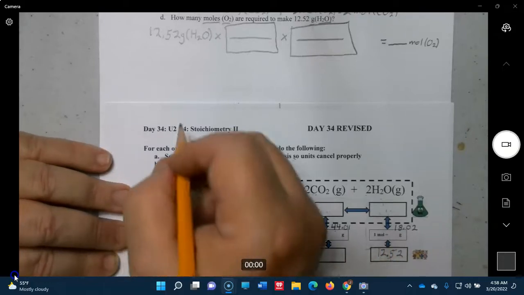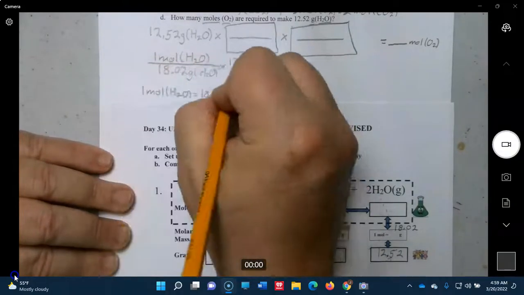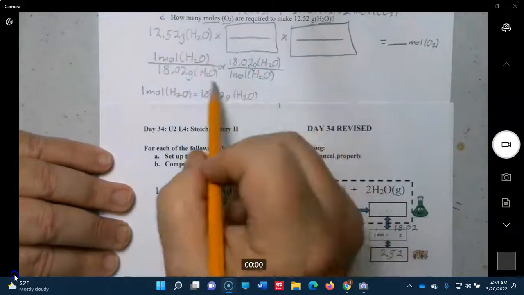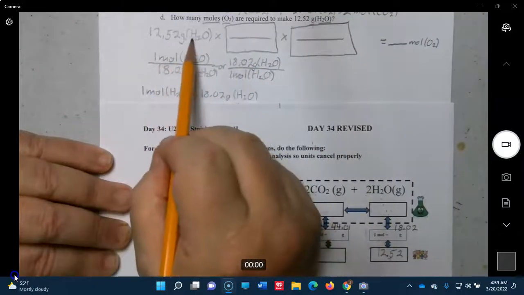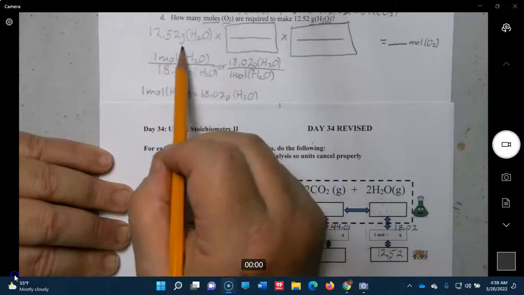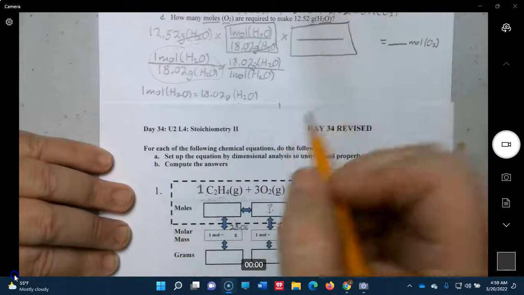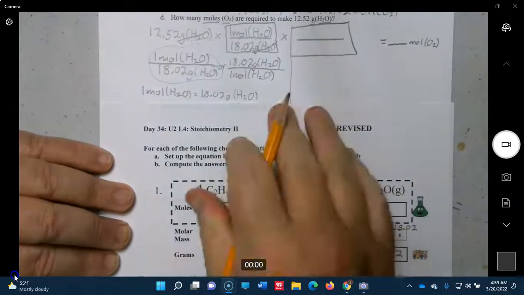So it's 1 mole equals 18.02. Okay, which one goes up here? Grams of H2O here, so grams of H2O has to go down here. So that's going to be the first one right here. Cancel and cancel.